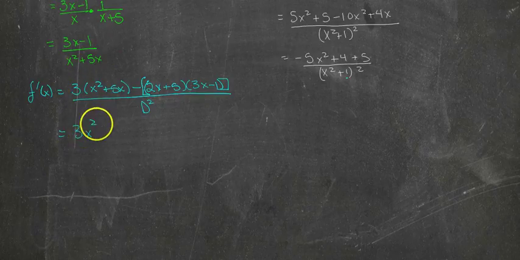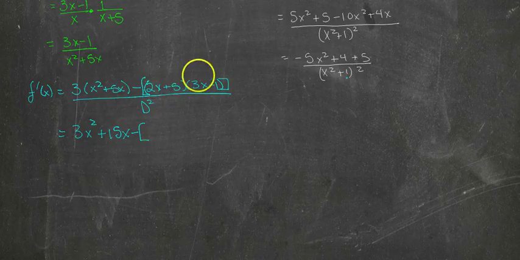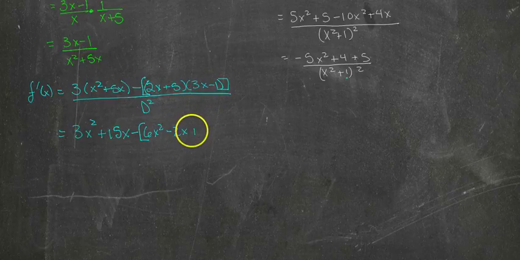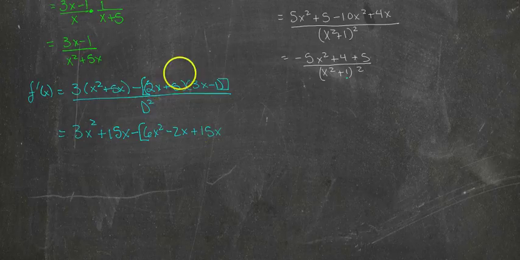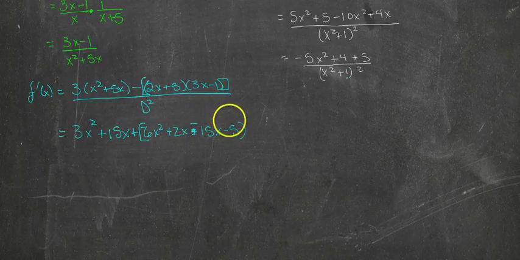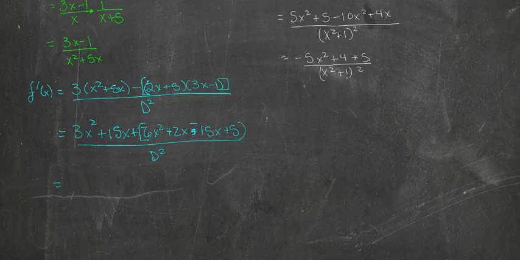I have 3x squared plus 15x minus, and I'm going to keep my brackets for now, 2x times 3x, 6x squared, 2x times negative 1, minus 2x, 5 times 3, 15x, and then minus 5. I can change all the signs if I'm careful, over my d squared, and then let's combine things.